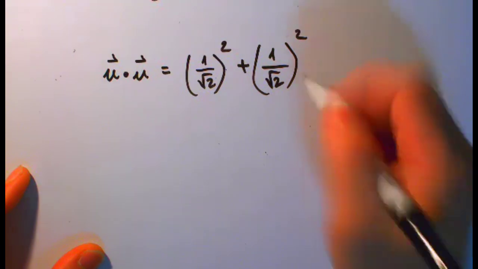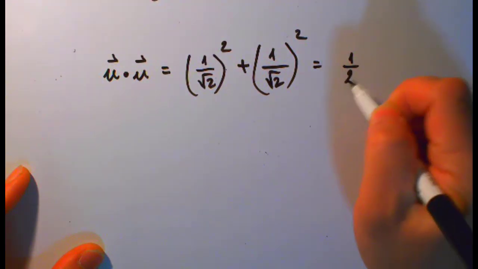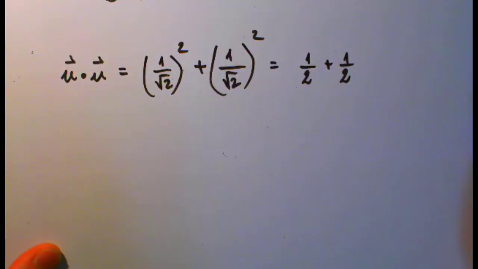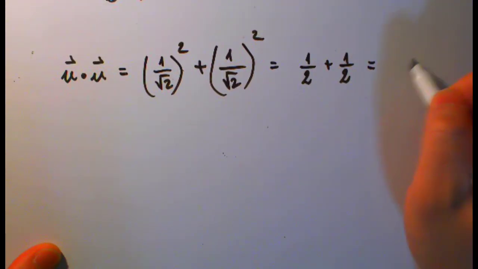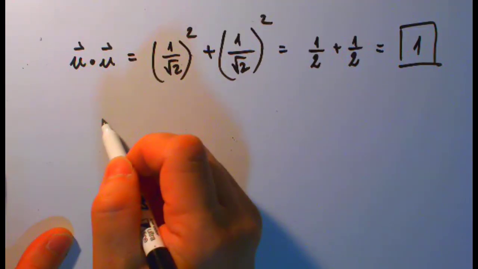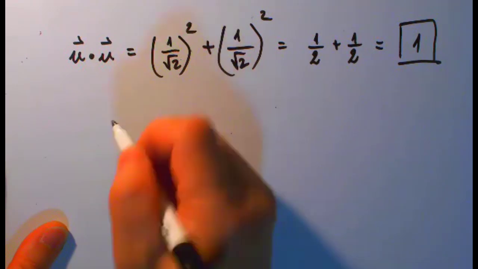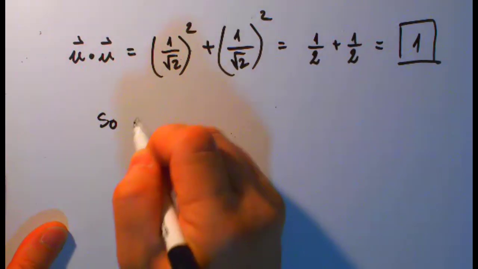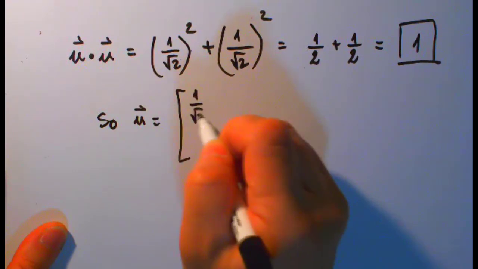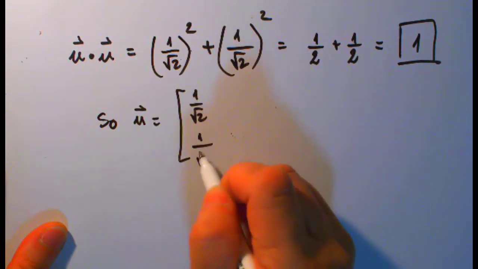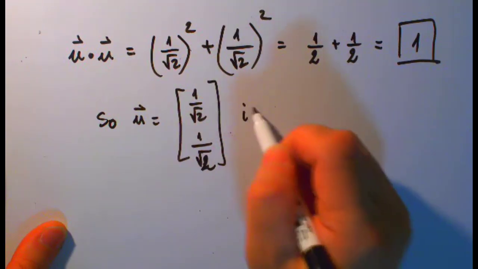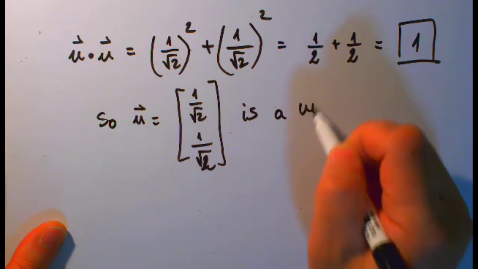And that gives me 1/2 plus 1/2, which equals 1. And so now we're making our conclusion that we have just verified that the vector u equals 1 over square root 2, 1 over square root 2 is a unit vector.